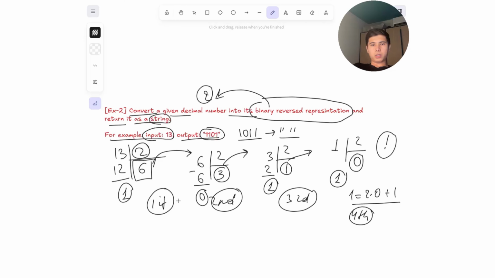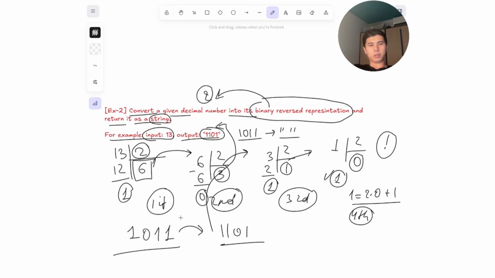When we collect our digits, which are the remainders, 1, then 0, then 1, and then 1, this is our collected bits. And when we reverse it, it becomes 1 1 0 1. These results are the same. This is the mathematical form.